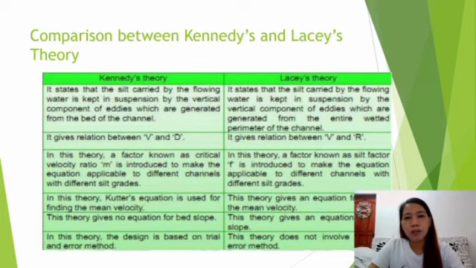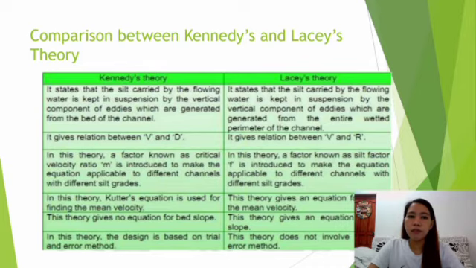In Lacey's theory, the silt is kept in suspension by the vertical component of eddies which are generated from the entire wetted perimeter of the channel. Kennedy's theory gives a relation between V and D, while Lacey's gives a relation between V and R, which is the hydraulic radius.